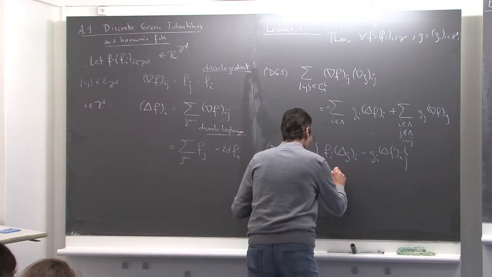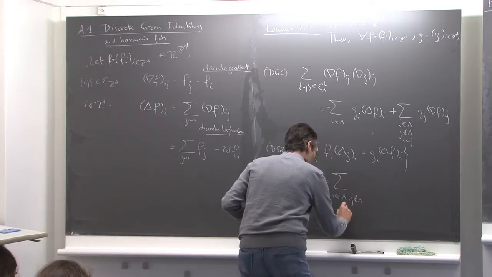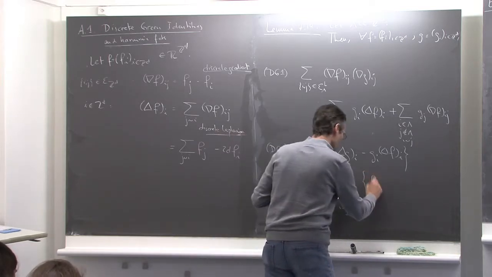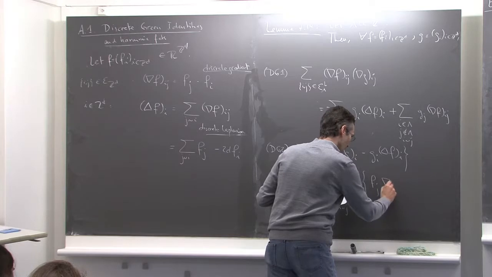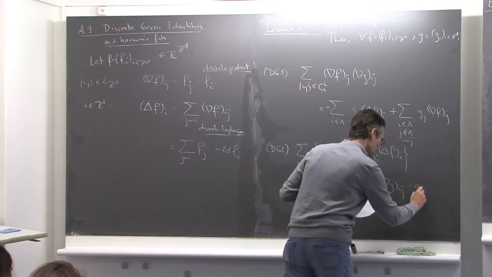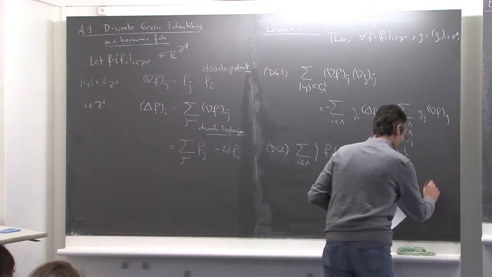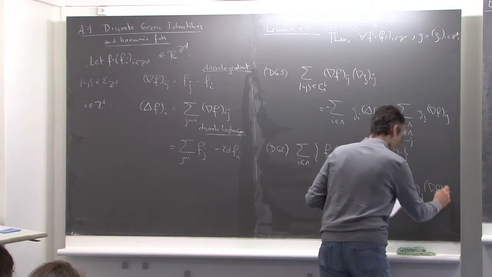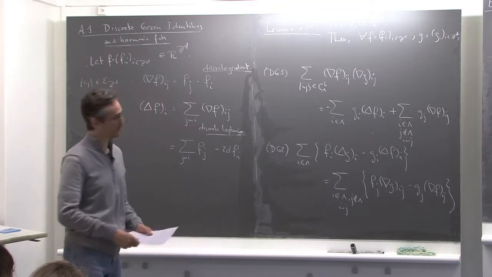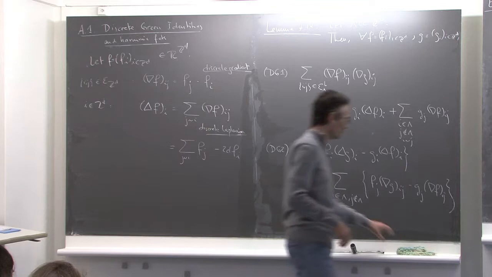The boundary term is the sum over all i in lambda, j not in lambda, i and j neighbors of the following expression. You have fj gradient g ij, minus gj gradient f ij, and that's all. Okay. So these are the two formulas I would like to establish, and then everything will follow easily from these formulas.